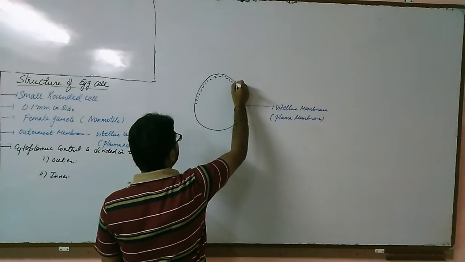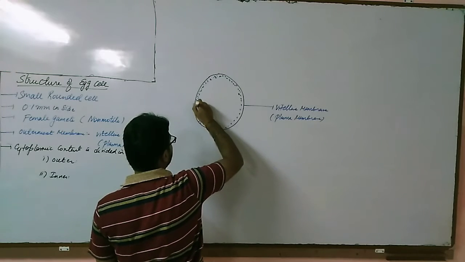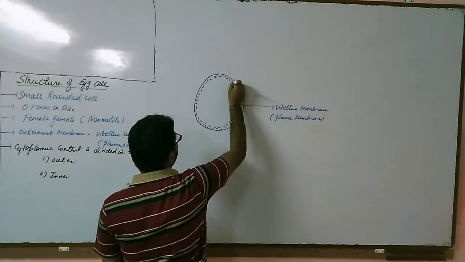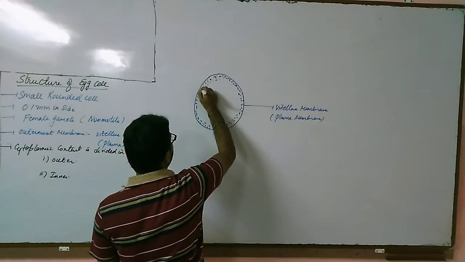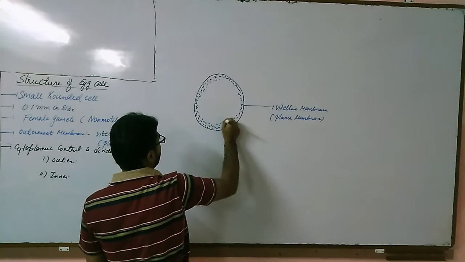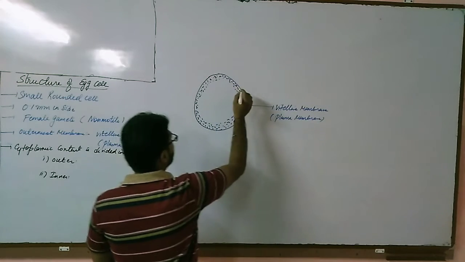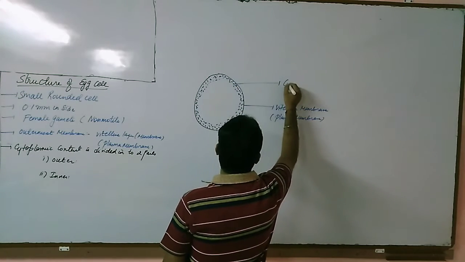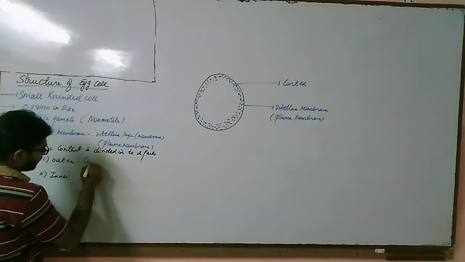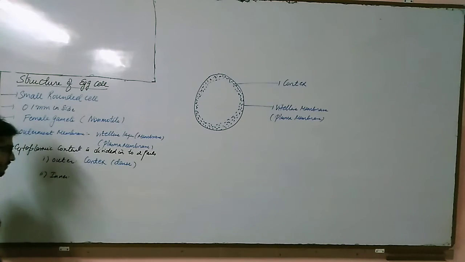This dotted structure that I am drawing with the blue is basically the outermost region, and this region is called the cortical region or the region of cortex. So outer region is cortex, which is very dense.